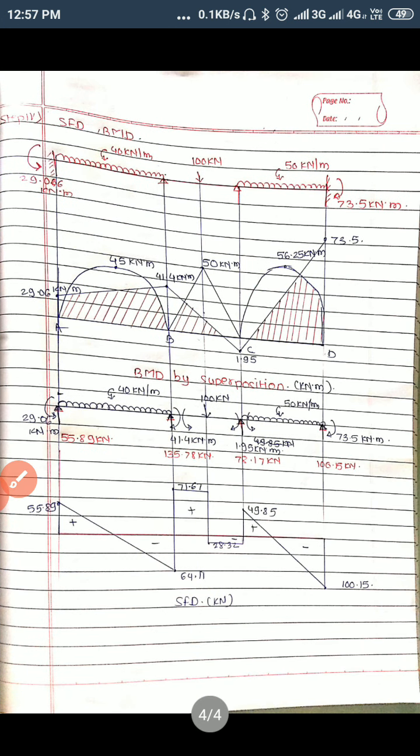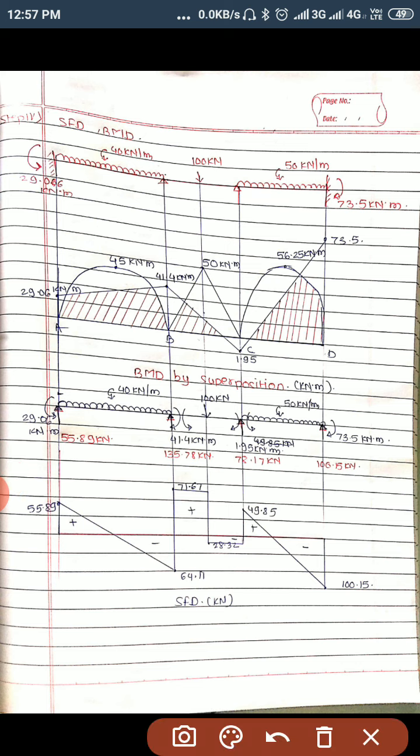Then the final output is the shear force and bending moment diagram. We'll draw them by the principle of superposition. We'll draw the bending moment diagram first because of the external loads. For UDL it is WL square by 8, and for a point load it is WL by 4; for UDL it is parabolic, and for a point load it is triangular.